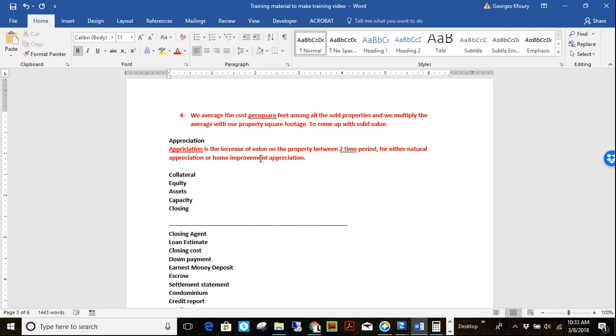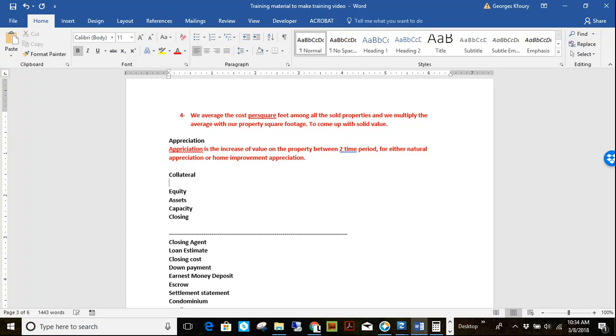It took about 45 to 60 days to finish, and maybe they added another room or bathroom. Now the value of the property went up from 200 to 250 within a 2 month period because of the work done on the property. This is home improvement appreciation. That's the difference.